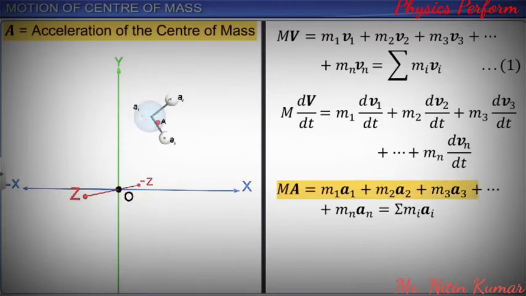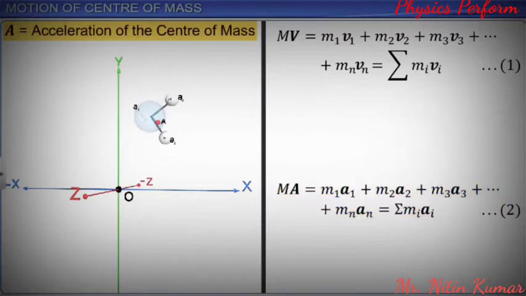Let this be equation 2, where a is the acceleration of the center of mass and ai represents the acceleration of the ith particle.